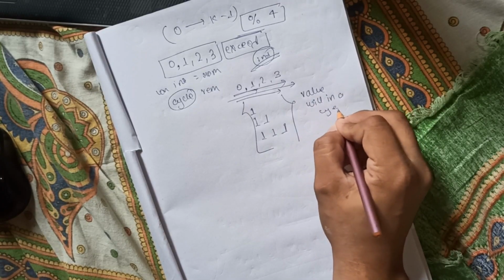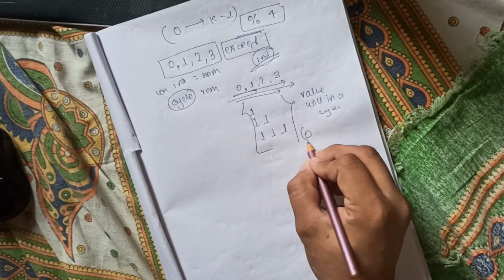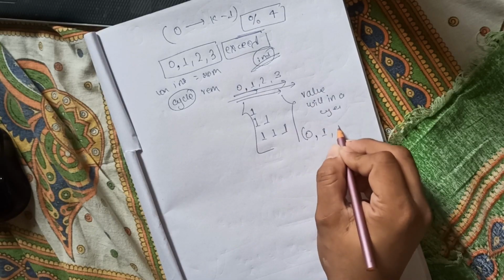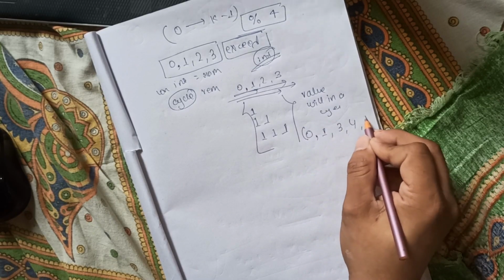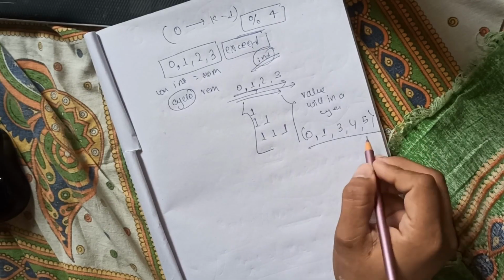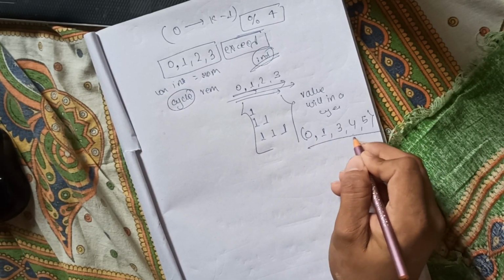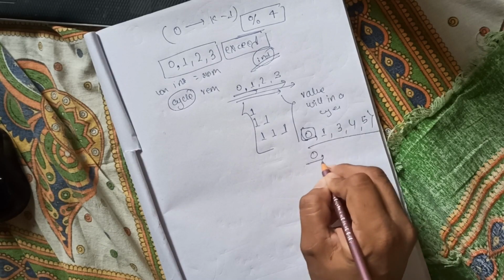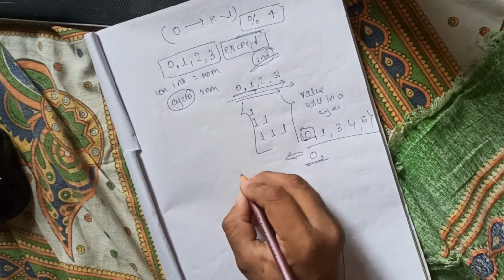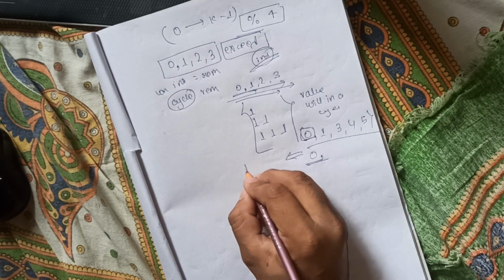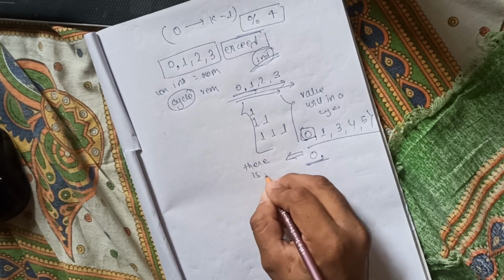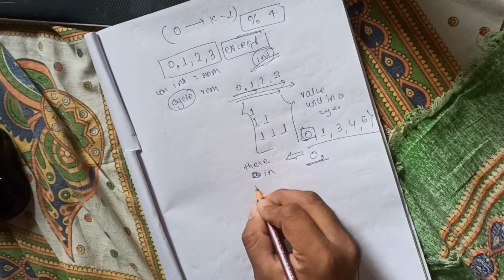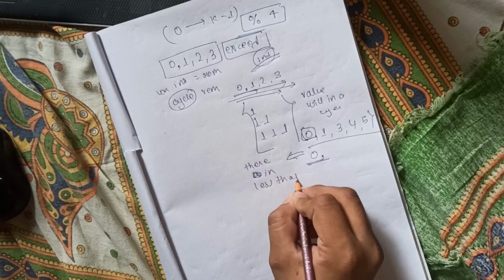What do I mean? If you got a 1, then a 2, 0, 1, then let's say 3, then 4, then 5. After this, if you have a cycle, you got a 0, and again after some point you will get a 0. The cycle will be there in less than k moves.